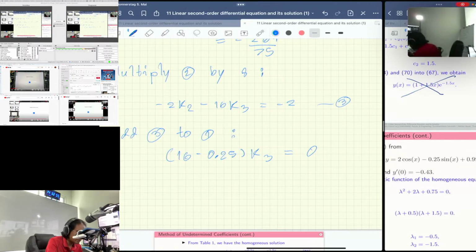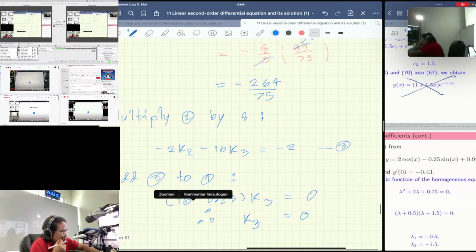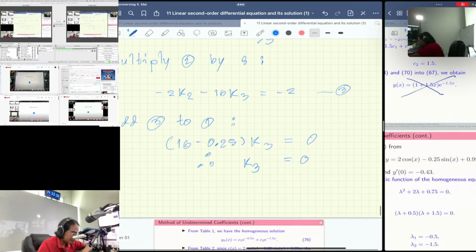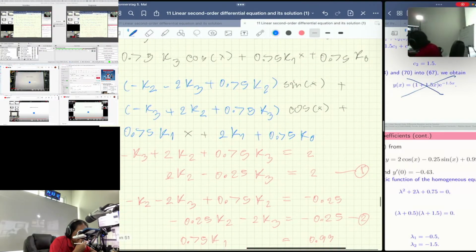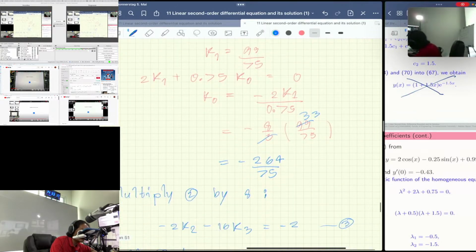So it means K3 will be 0. Once you get K3 as 0, it means K2 is also 0.